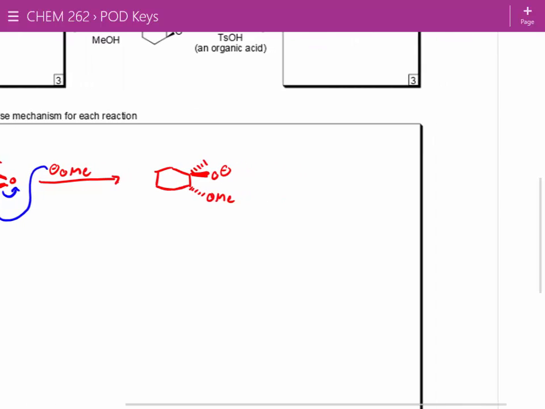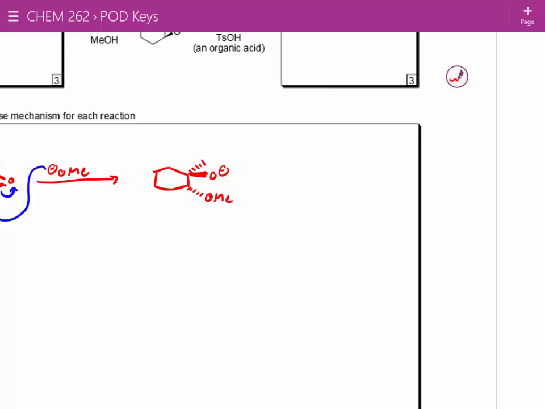Okay. All right, in the next step, we have more methanol around. So this alkoxide can come grab a proton from the methanol, and we can form our final product. And we end up recreating our reagent.